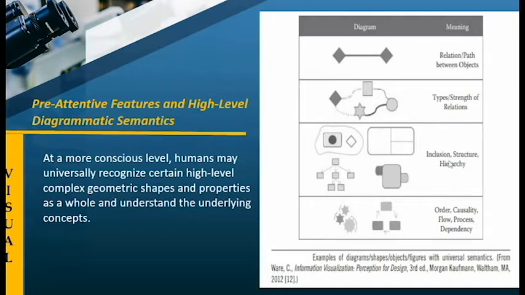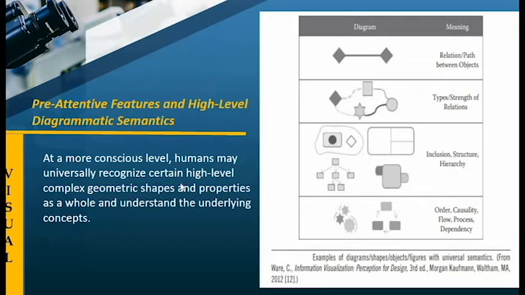Then we have some inclusion or structure hierarchy. Then we have order, causality, flow, process, and dependency. So these are some samples of diagrams with universal semantics. That's for pre-attentive features and high-level diagrammatic semantics.